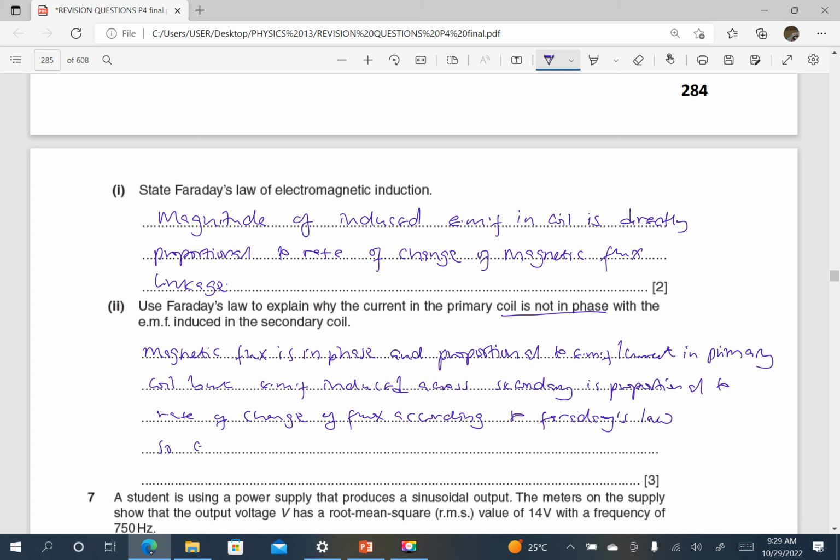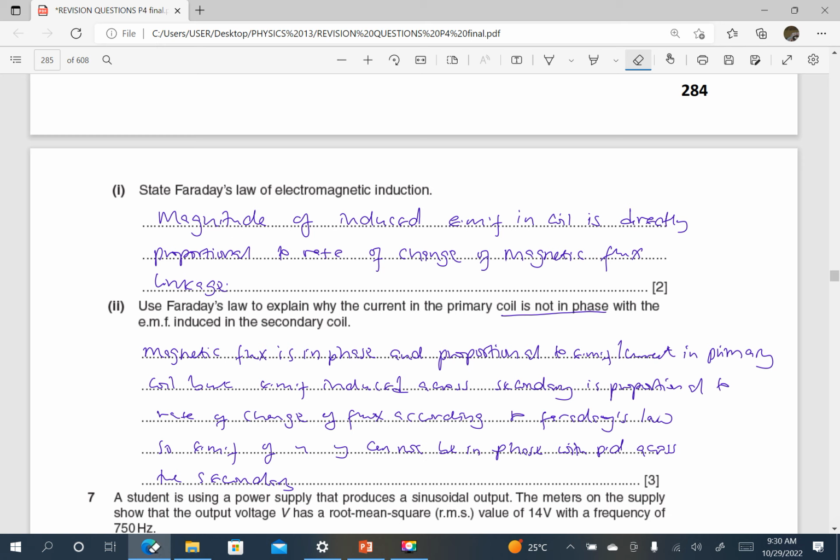So the EMF of the supply cannot be in phase with the PD across the secondary, or the EMF of the primary.